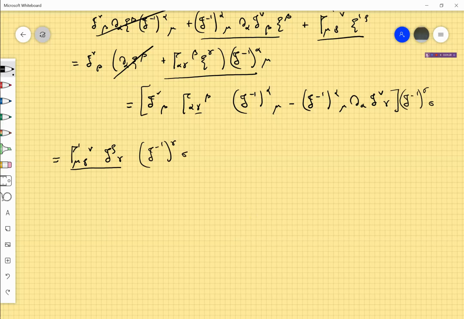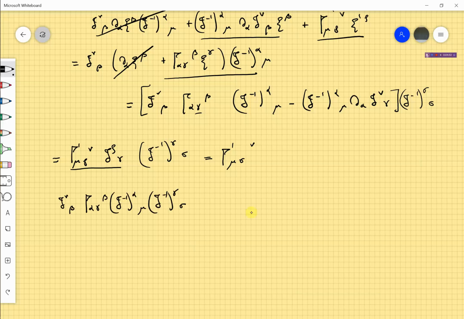This gives gamma prime mu sigma nu, and here we have j nu beta gamma alpha gamma beta j minus 1 alpha mu j minus 1 gamma sigma.